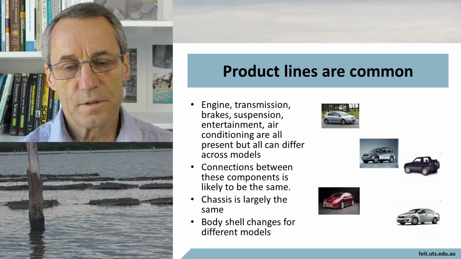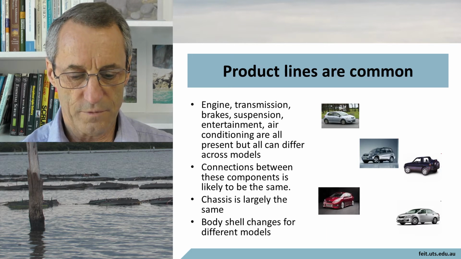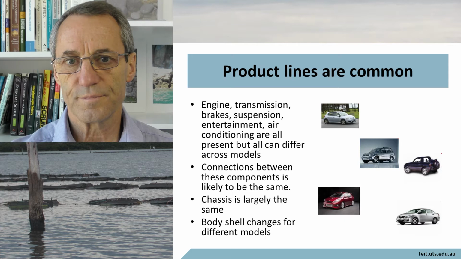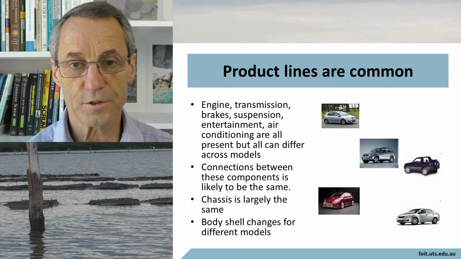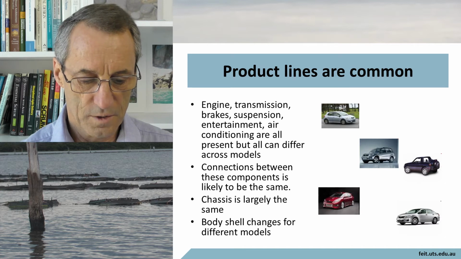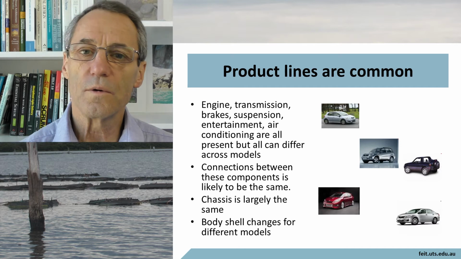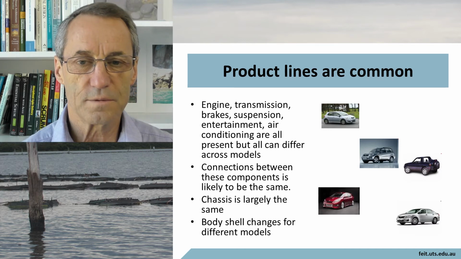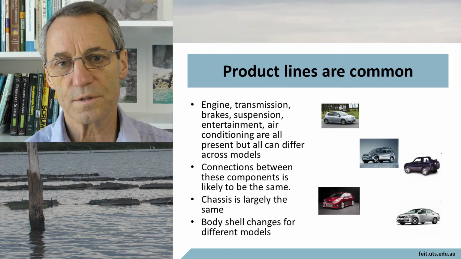Now, the body shell may well change with the different model. You see there we have a hatchback, we have a RV, a recreational vehicle, we have another recreational vehicle without a top, we have some sort of a sporty thing, and we have a sedan. Now, they're all Toyota Corolla chassis, largely a similar kind of arrangement with suspension and gears and things like that.